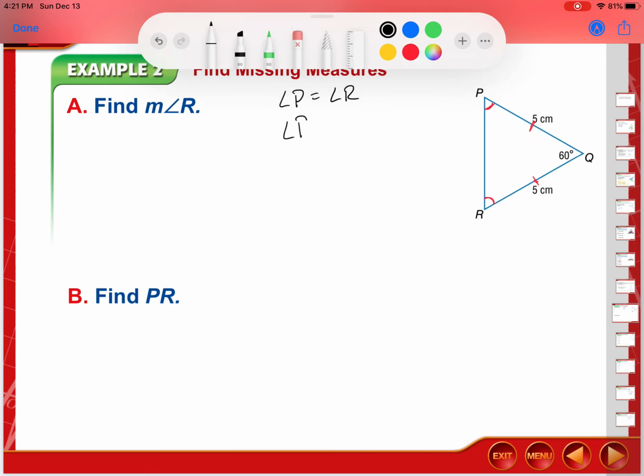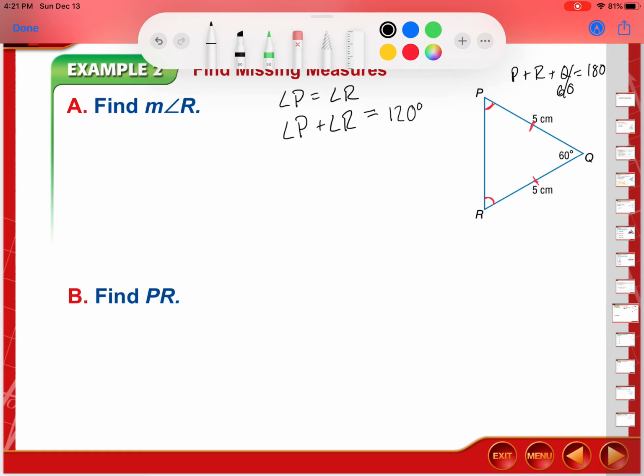So I'm going to say angle P equals angle R. And then I also know that angle P plus angle R is going to equal 120 degrees. And why I know that is because angle P plus R plus Q is going to equal 180 degrees.